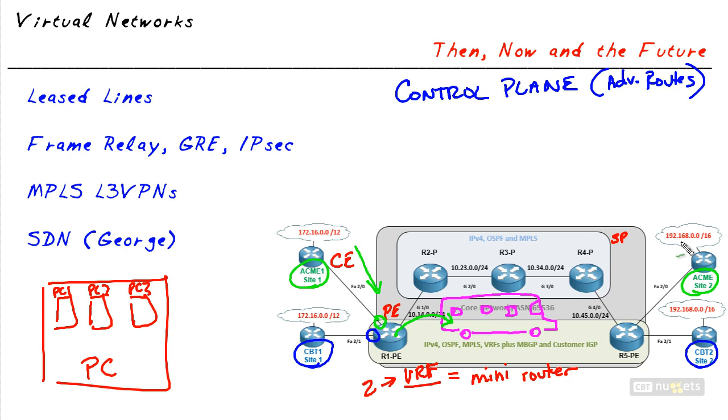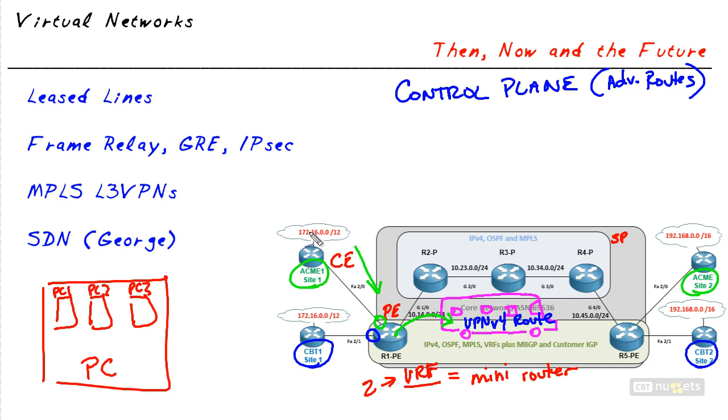When that information is added, for example, things like route distinguishers and route targets that we will talk about in detail in an upcoming nugget, it magically becomes something called a VPN route. More specifically, we could call it a VPN v4 route, or you could call it an IPv4 VPN route. But all a VPN v4 route is, is that route that came in from Acme.